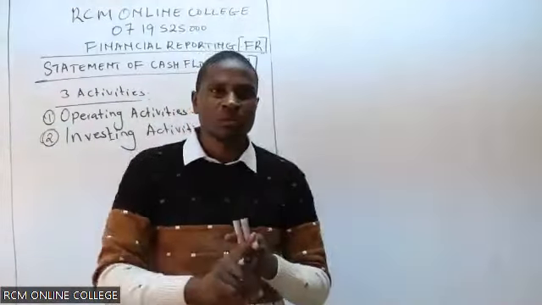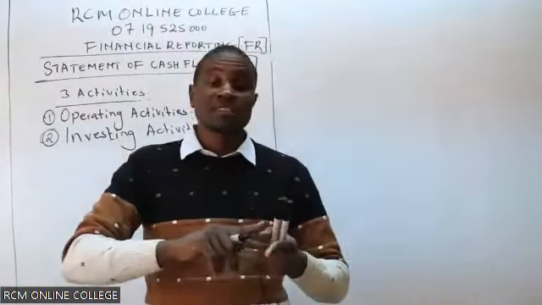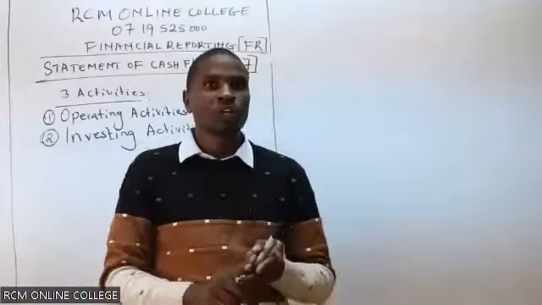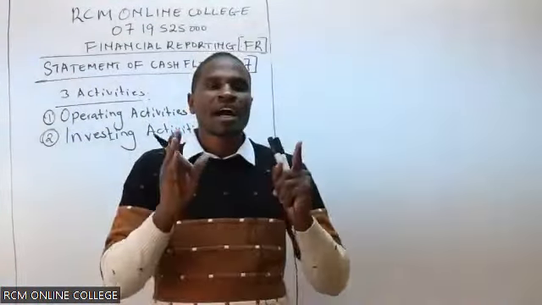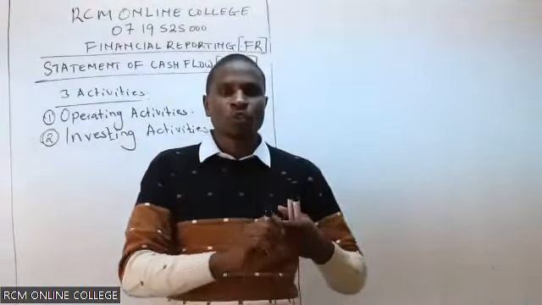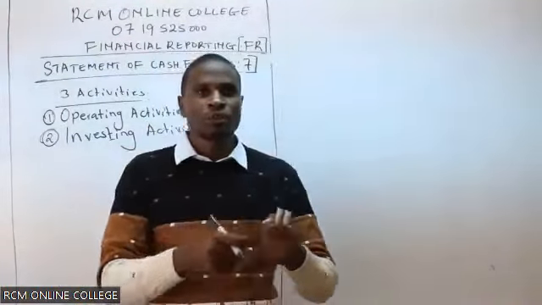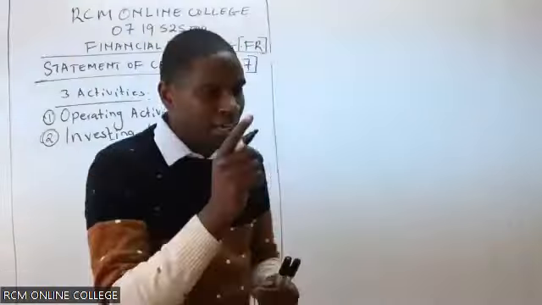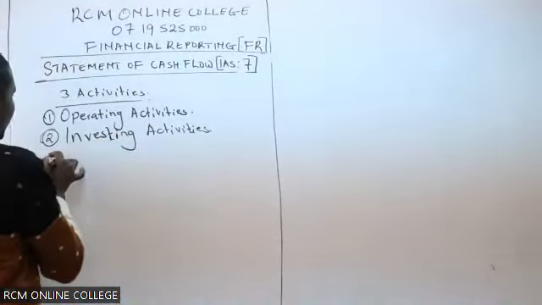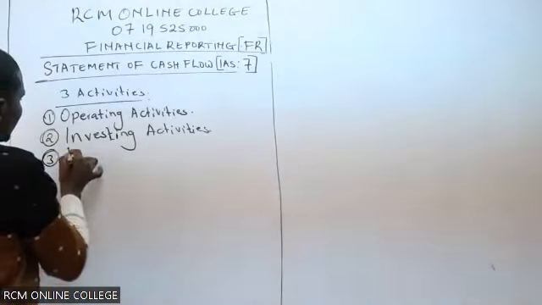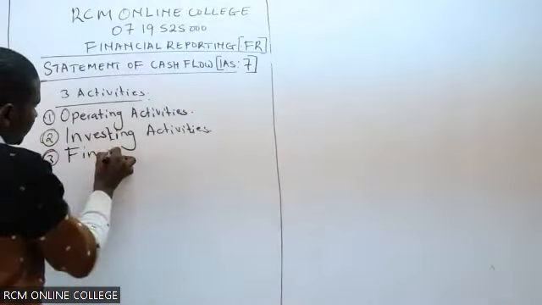You can invest in motor vehicles. You can invest in real estate, those are buildings, and so on. You can purchase a motor vehicle and sell. You can be doing that business of purchasing and selling. Then the last activity is financing activities.